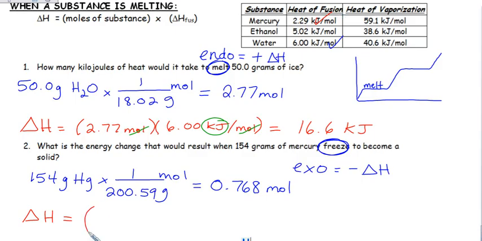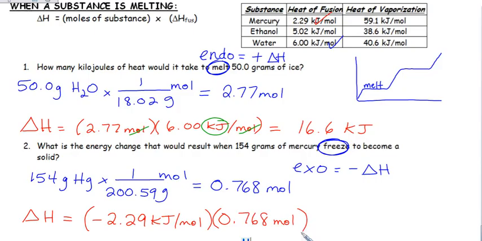I want to do the opposite, so we'll just make it negative: negative 2.29 kilojoules per mole, but I have 0.768 moles. You could put this in either direction. I could go moles times opposite heat of fusion. Doesn't matter. I'm just going to plug it all in my calculator. And so I'll say negative 1.76, and again, this would be in kilojoules.